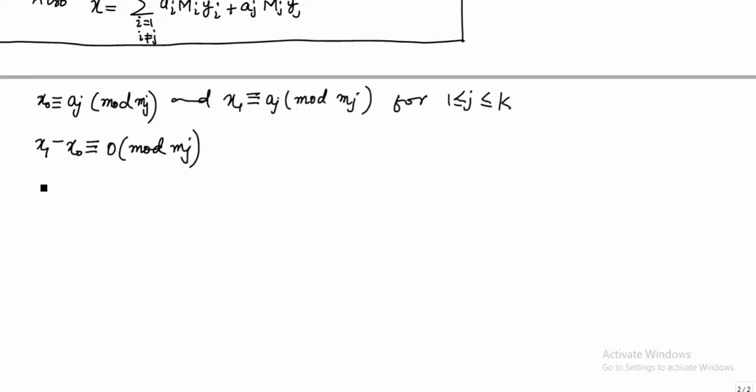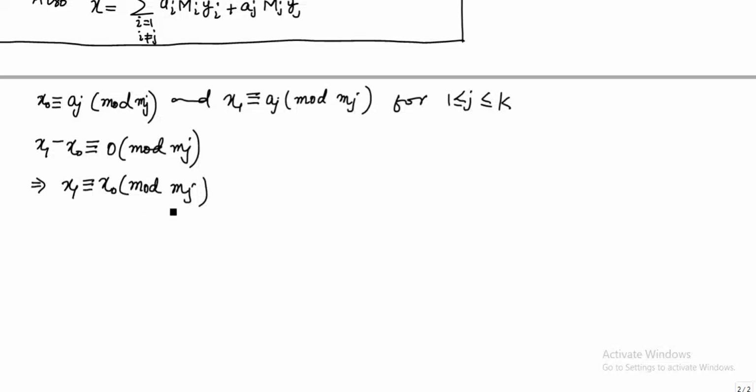Now add x null to both sides of the congruence, so x1 is congruent to x null modulo mj, for j from 1 to k.